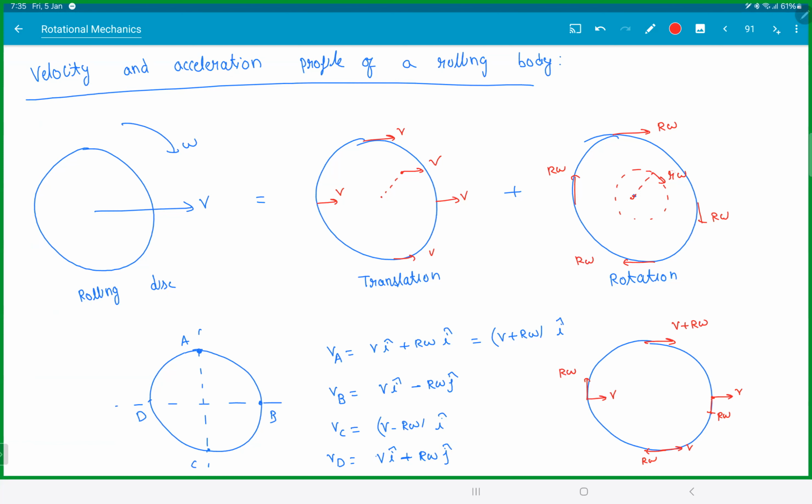You do the vector addition. Check it out. Clear?